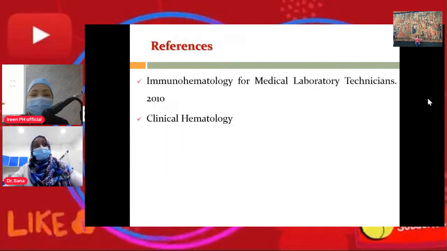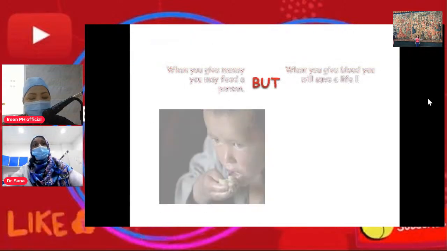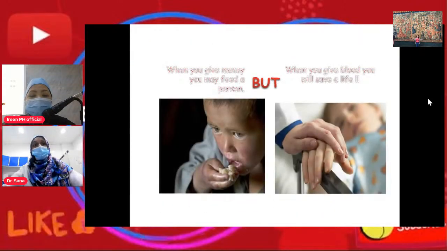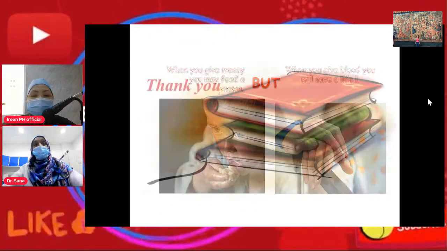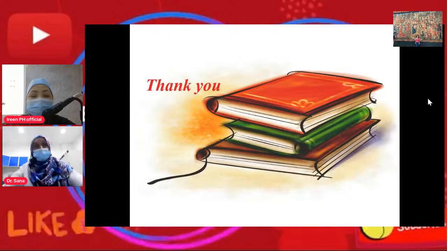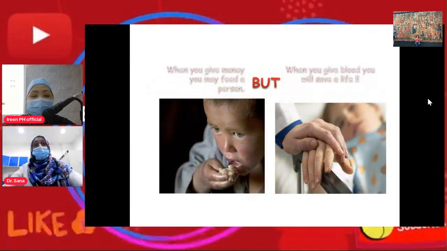This is the reference of this lecture. Thank you for your attention. When you give money, you may help, but when you give blood, you will save a life.